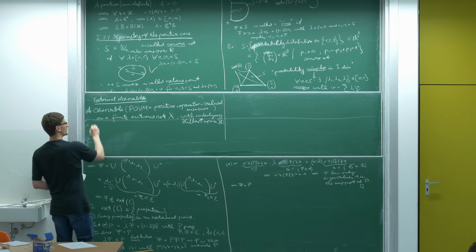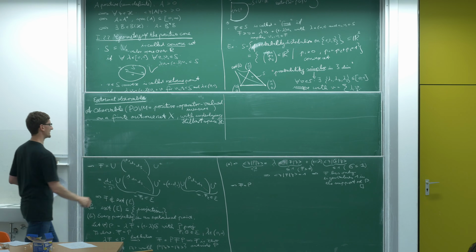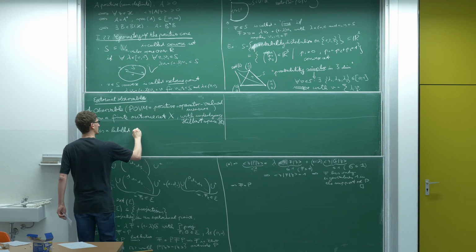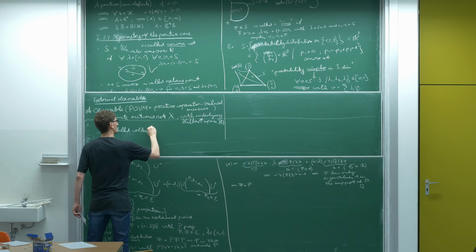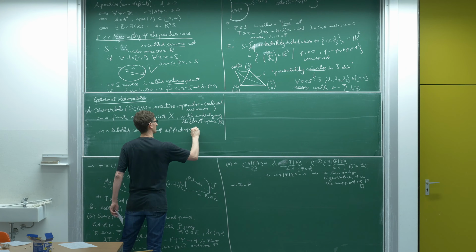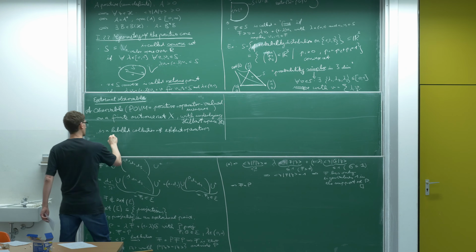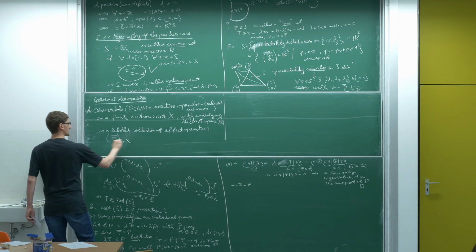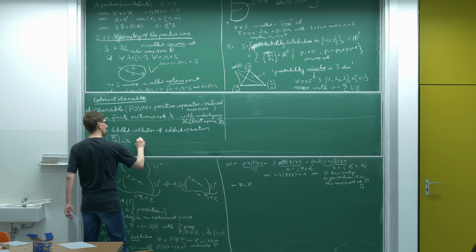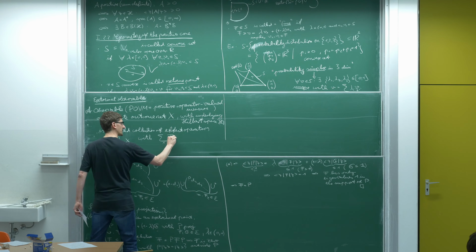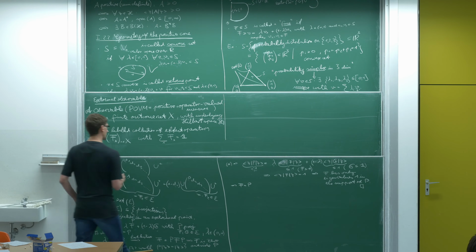So an observable on a finite outcome set with underlying Hilbert space H is a labeled collection of effect operators F_x, where x is an element of the set X, with the normalization condition that the sum over all these operators equals the identity operator.